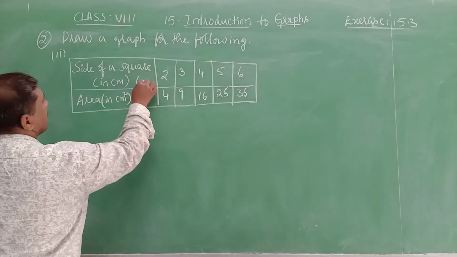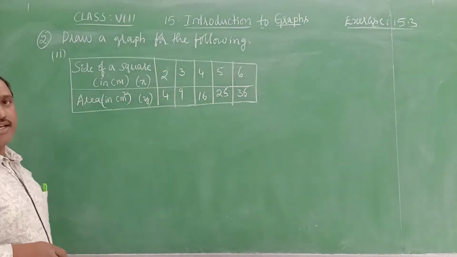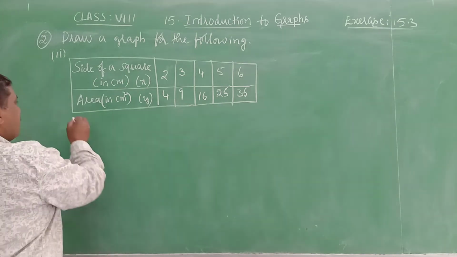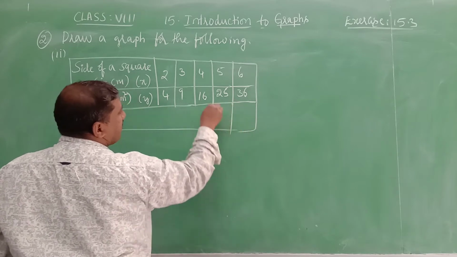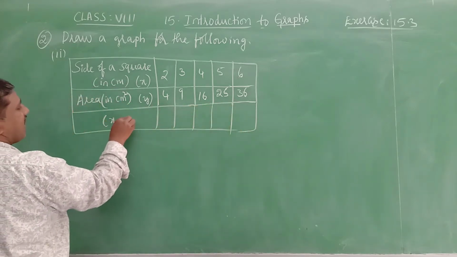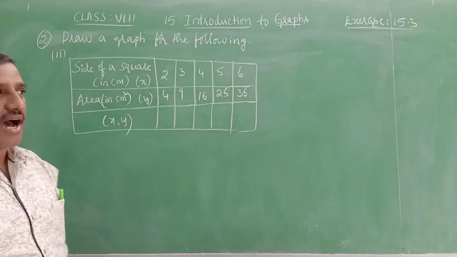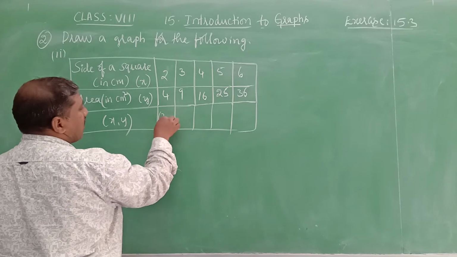We will take the side of the square on the x-axis and the area on the y-axis. Therefore the ordered pairs of this data will be x comma y, that is x coordinate and y coordinate. The first point is 2 comma 4.